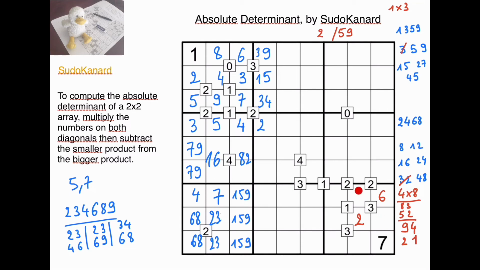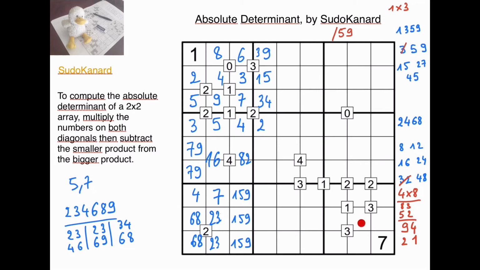So it has to be either 1 and 9 here, or 3 and 5 here. But if we make this 1 and 9, we can't put 1 and 9 here. So we have to put 3 and 5 here, but then we can't put 3 and 5 here. So whatever we put here, we can't put here, and no choice is available here. So 2 and 6 here won't work, and 2 and 6 here won't work for the same reason. So 2 can't be in this center. 2 is not a valid candidate for this.